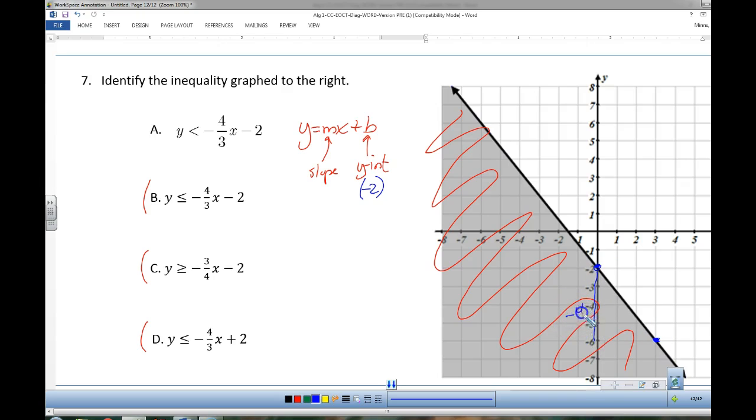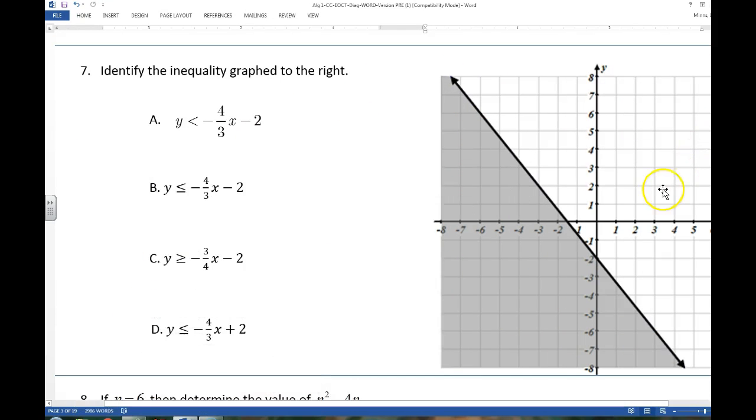So down 4, -4, and over 1, 2, 3. So slope -4/3. So we can write this y equals -4/3 x minus 2, and I only have that once over here. -4/3 x minus 2. So the answer is B. Good.